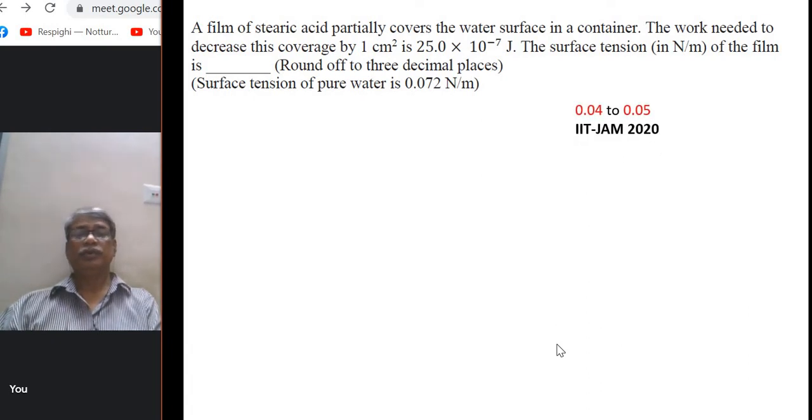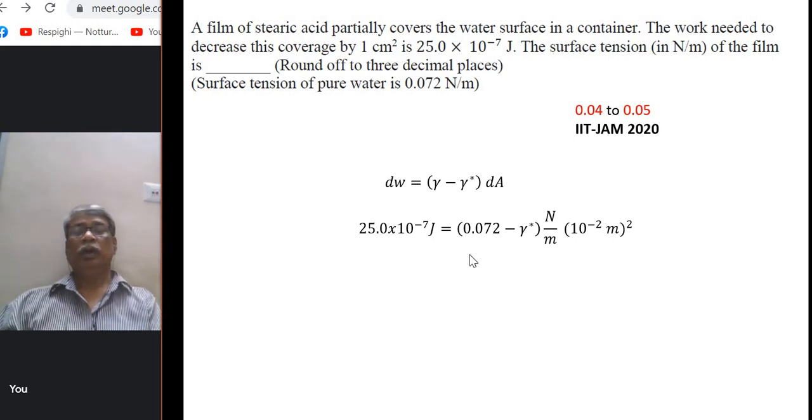So this is the formula, that the energy is related to the area change and gamma minus gamma star. Gamma star is the film surface tension, and gamma is the water surface tension, which is given also. Now you can apply it: dW is given in joules, no problem.